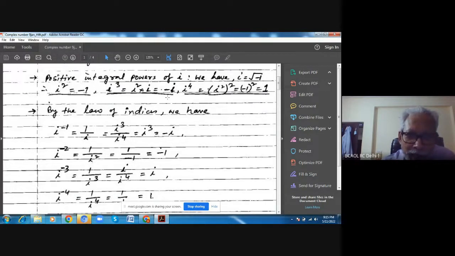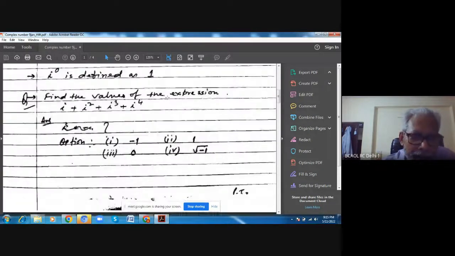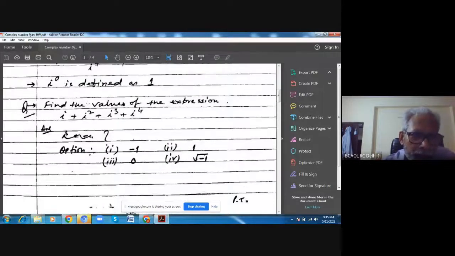This minus iota can cancel with iota, and this 1 and this -1 cancel each other. So ultimately it is option number 3. Are all agreed or not? How has it come to 0?